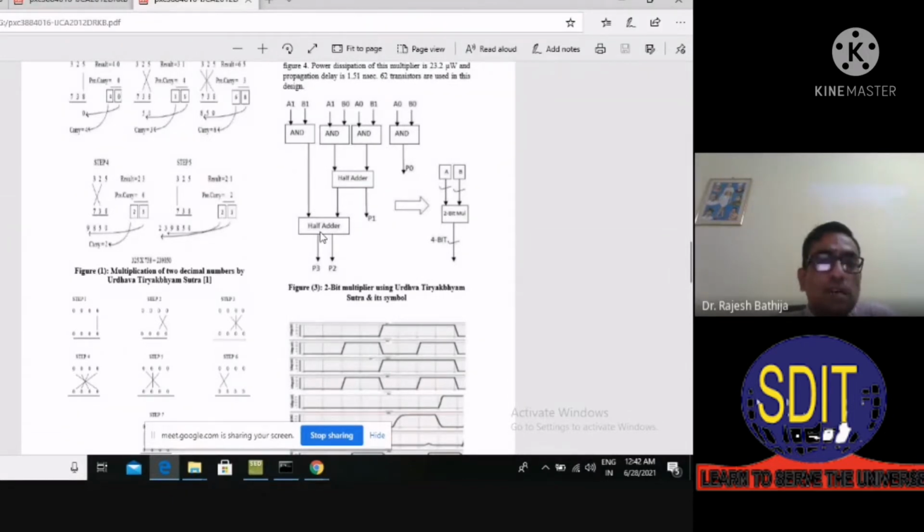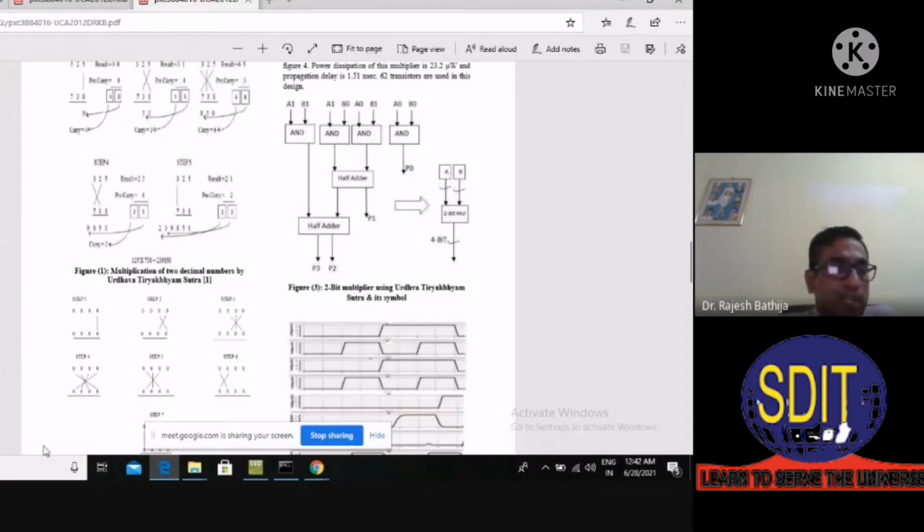One is the Urdhva Tiryagbhyam Sutra, in short the UT Sutra. Second is the Nikhilam Sutra, and third is the Anurupyena Sutra. Out of these, Anurupyena is the best one up to now in my knowledge, and I have developed the UT Sutra in this paper in 2012.